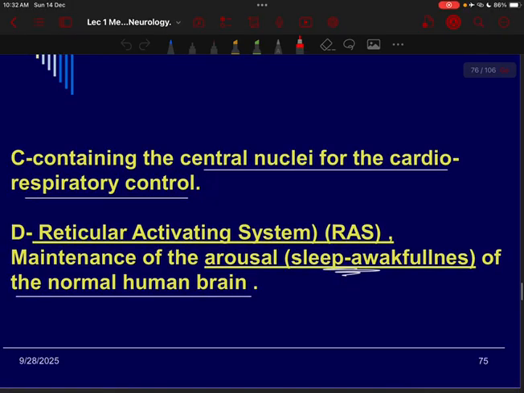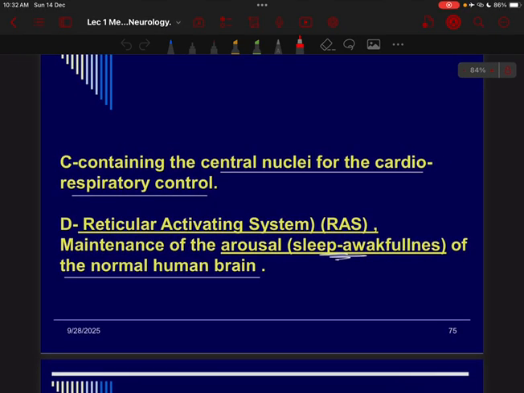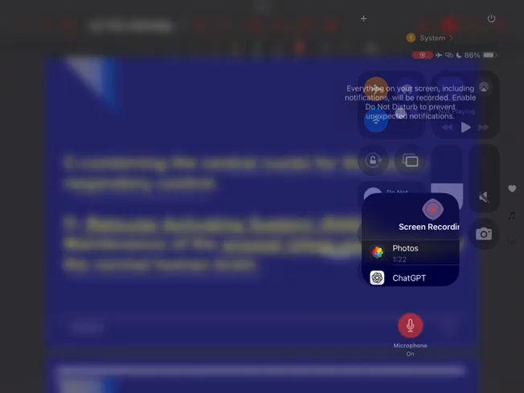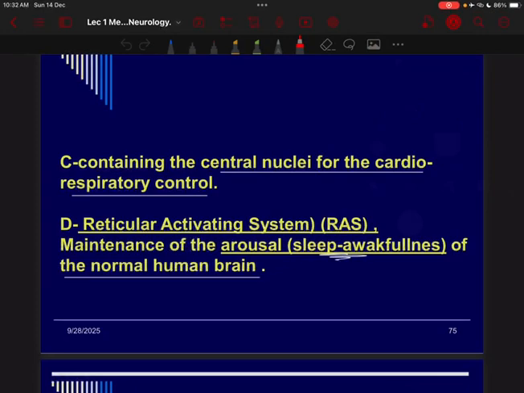Also, the brainstem has centers for the cardio and respiratory control. Most important, there is a system called the reticular activating system, RAS. وهذا هو عبارة عن collection of neurons موجودة بالbrainstem that deal with the sleep wakefulness of a normal human person. أنت مثلا الآن you are awake, but at night, for example, 10 hours ago, you were asleep.